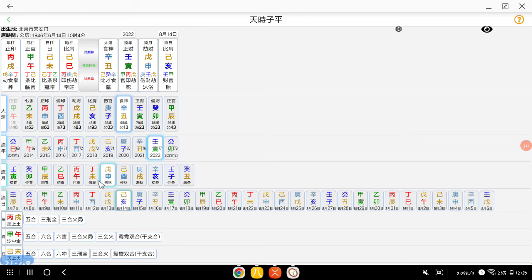So it seems that this is also another bad year for Donald Trump. Why? Because of this Ren water. Okay, so it's an unfavorable element of this 8 pillar. When an unfavorable element shows up, there are always bad things that happen. You know, even if you are a president, no matter who you are, the energy is like this.